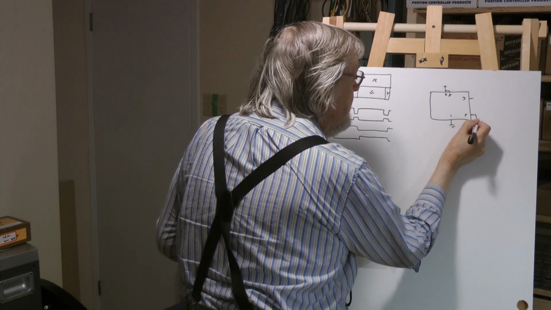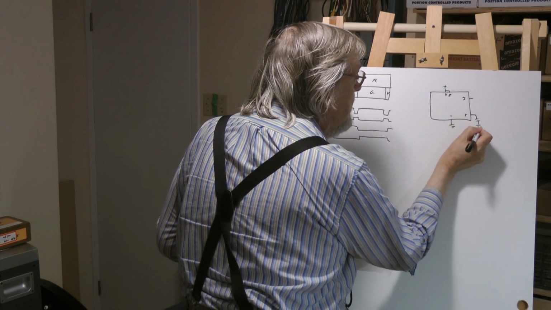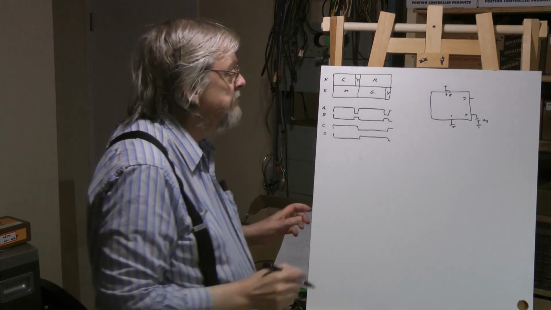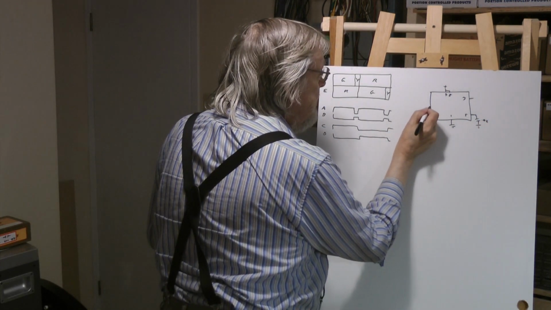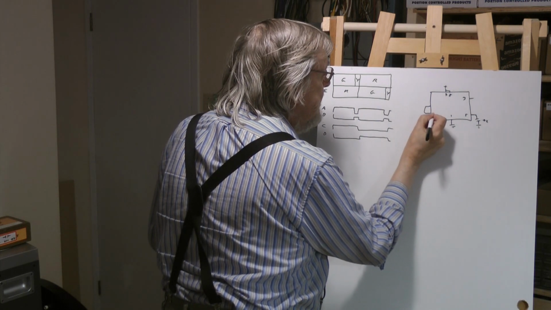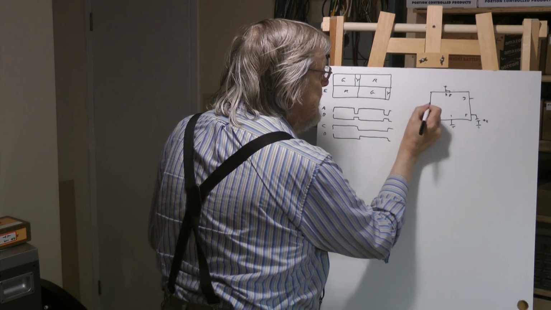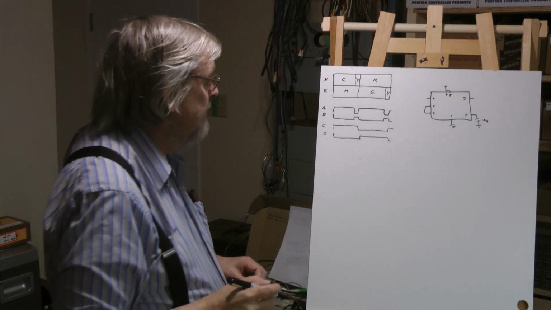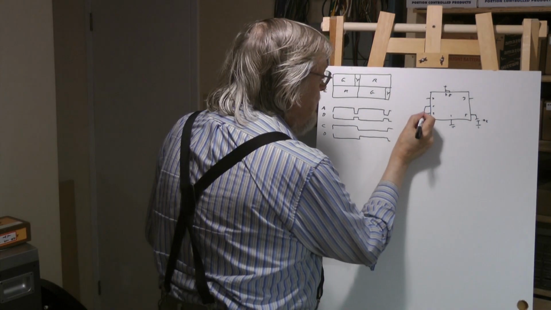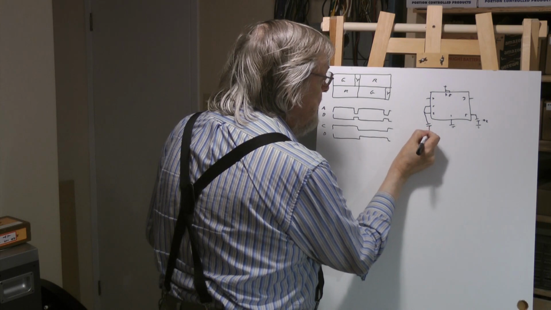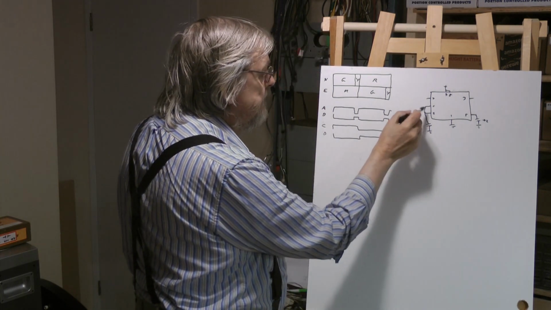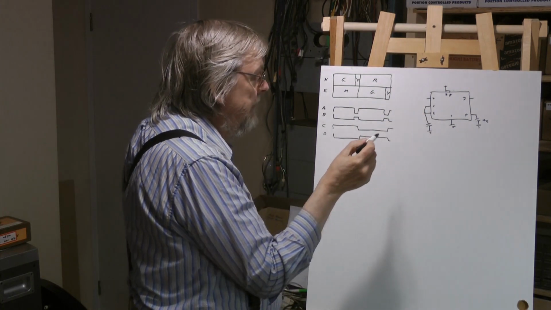Pin 5 needs a small capacitor, say 0.02 or something, for bypassing. With two triggers, which we connect together, 2 and 6, and then there's a capacitor discharge. So we put our timing capacitor on here. It's going to discharge through a resistor through pin 7.